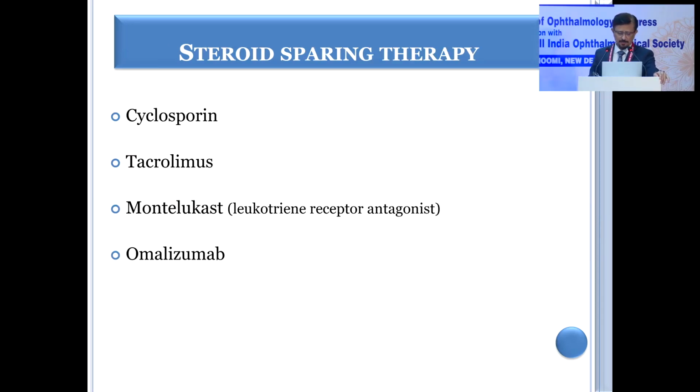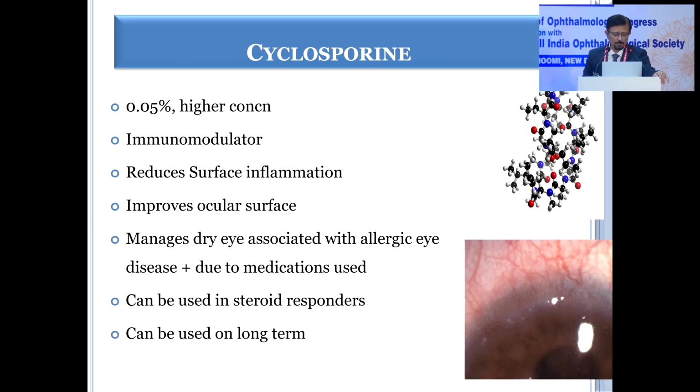There are certain steroid sparing therapies like cyclosporin and tacrolimus. Cyclosporin is a good immunomodulator which is available in 0.05%, 0.09% and 0.1%, so depending upon the severity, you can use cyclosporin. The biggest advantage is you can start with steroid along with cyclosporin in moderate to severe cases, and then taper off the steroid and continue with cyclosporin.